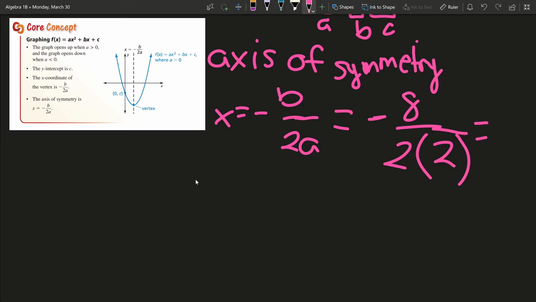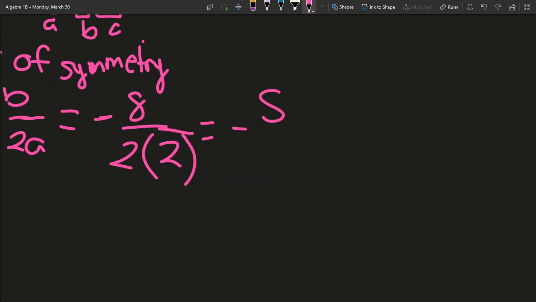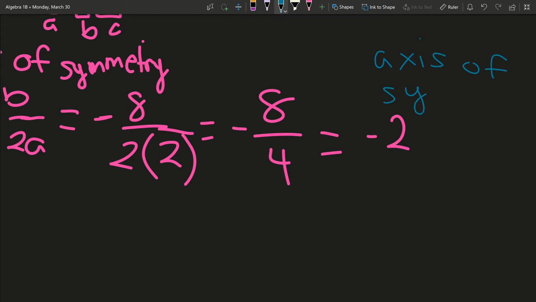So we have -8 over 4, which is equal to -2. So that means our axis of symmetry is -2.